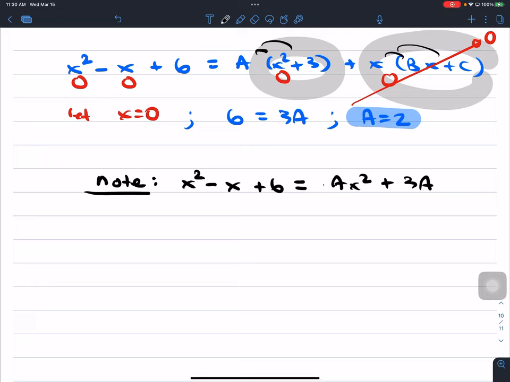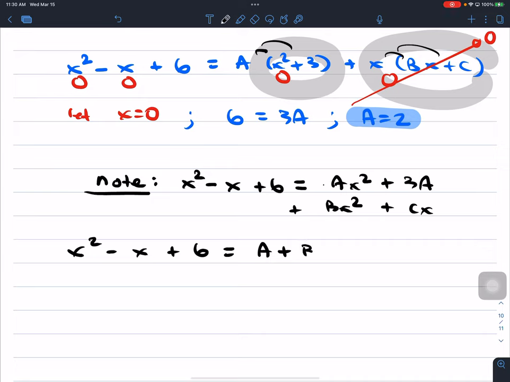And then that's what? Plus bx squared plus cx. On the right side, what that means is x squared minus x plus 6 is (a plus b) with the x squared term, plus cx, plus 3a.